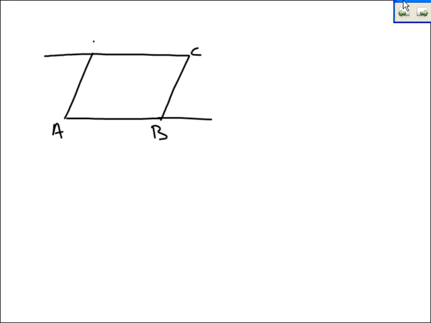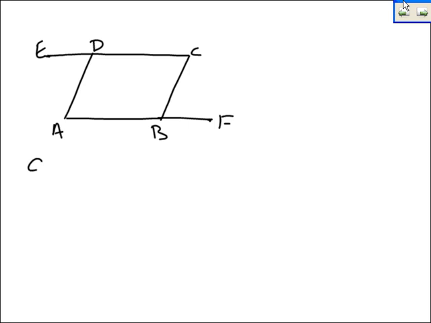Suppose we have, say, a figure that looks like this. All those lines are straight. A, B, C, D, E, and F. And we are told some things about this.